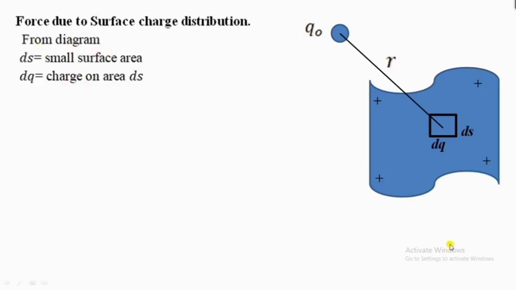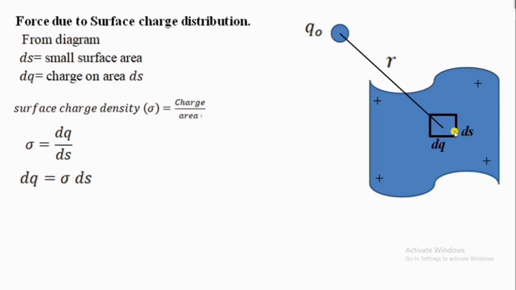Now we know surface charge density is given by sigma, that is charge by area. Here the charge is dq and the area is ds, so dq will be sigma ds. We are finding dq because I want to find the force between this charge and this charge.